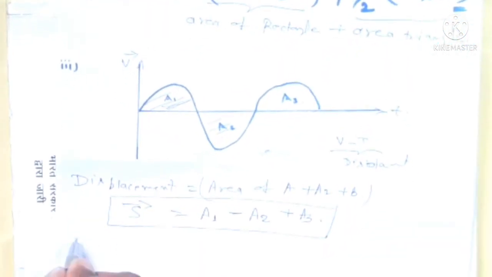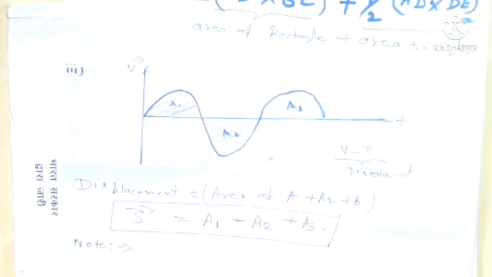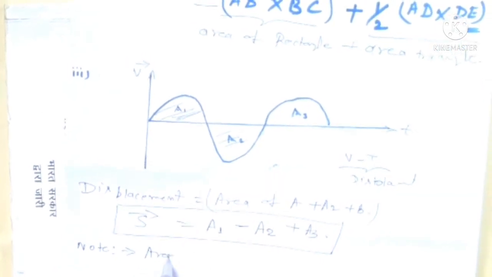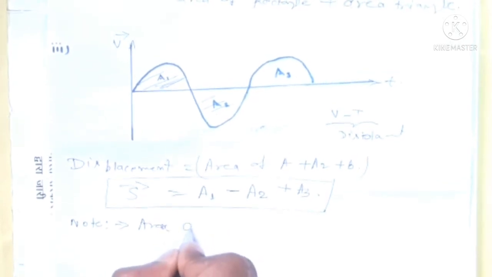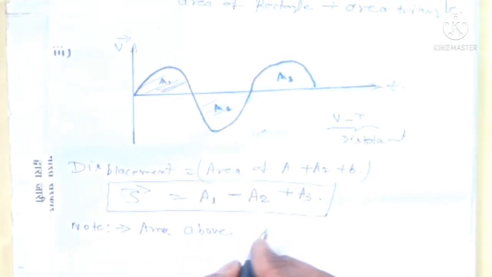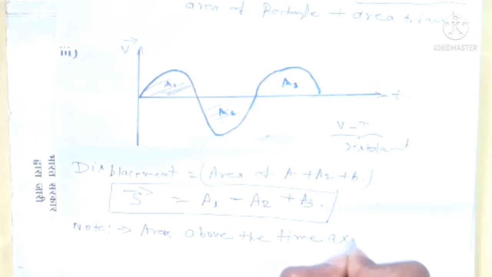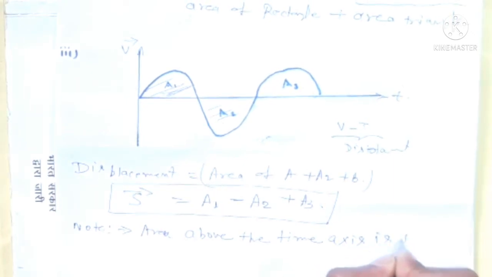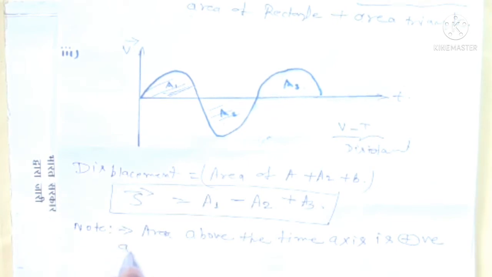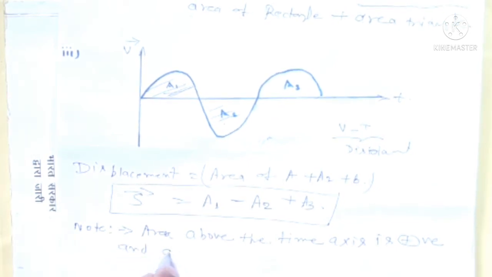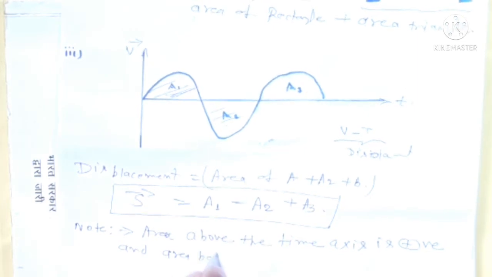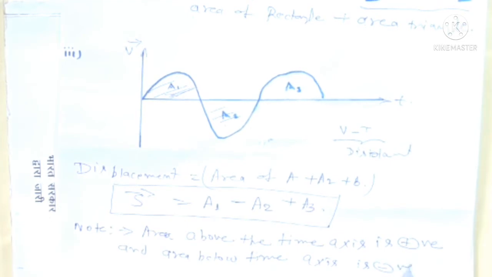Note: area above the time axis is positive and area below the time axis is negative.